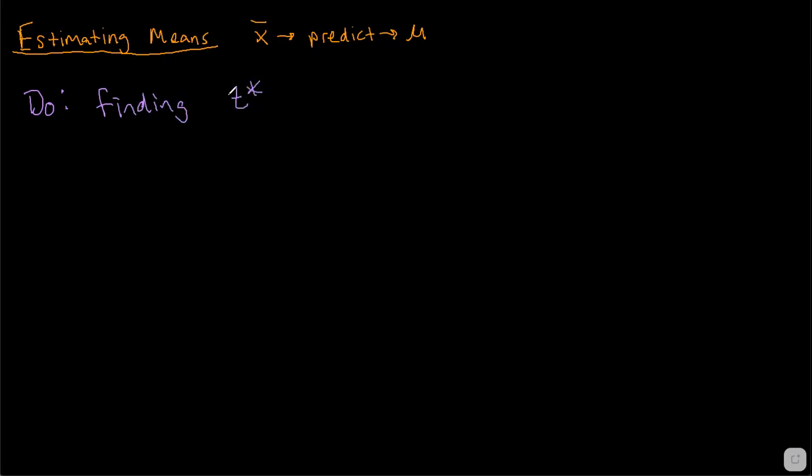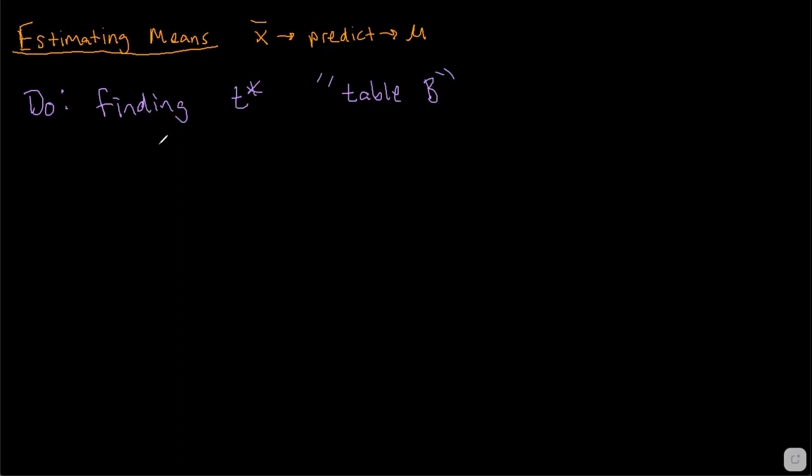In order to find it, just do a simple Google search and look up table B. Table B will literally give you the possible critical t values for all different sample sizes and confidence levels.